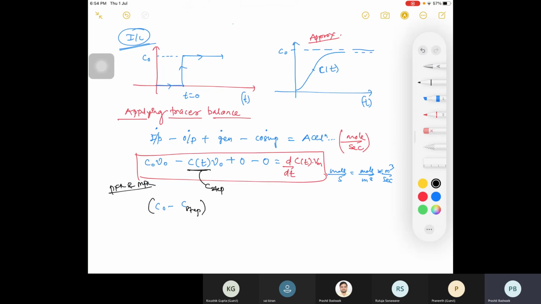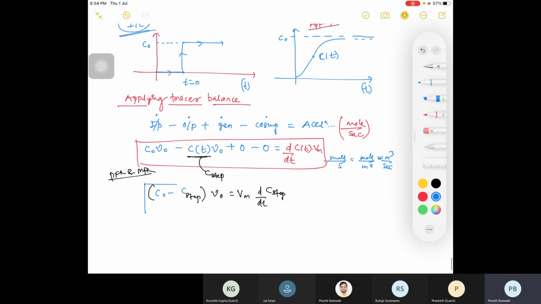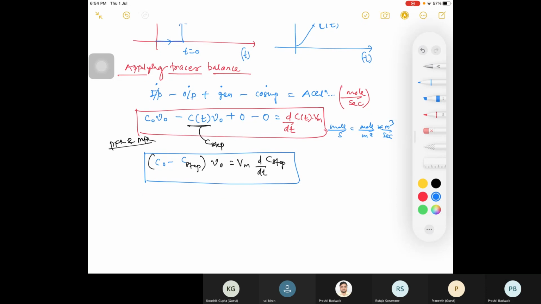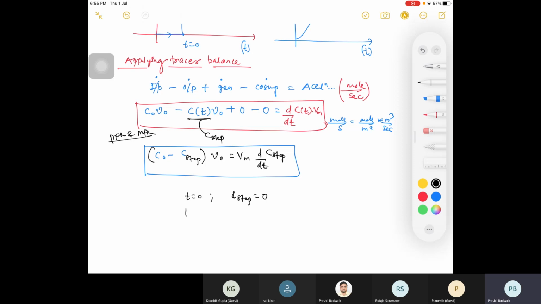So C naught minus C step nu naught is equal to V MFR d by dt of C step. Can you guys please integrate it? What will the limits be? At time t equal to 0, at exit there will be no concentration, so your C step will be 0. And at time t you will be having C step, that is concentration at exit.